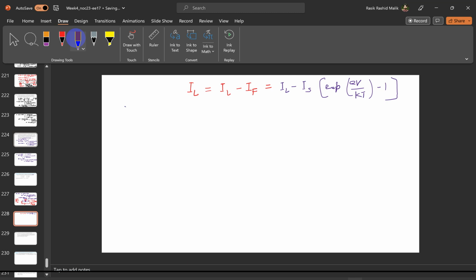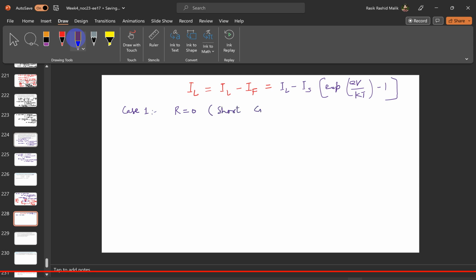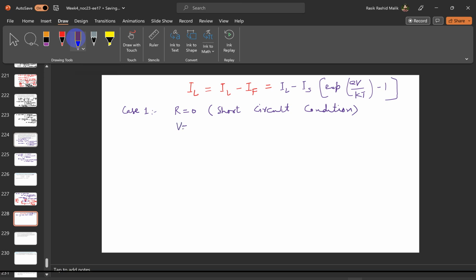Say case 1, when R is 0, that is called the short circuit condition. In this condition, when R is 0, V is 0.